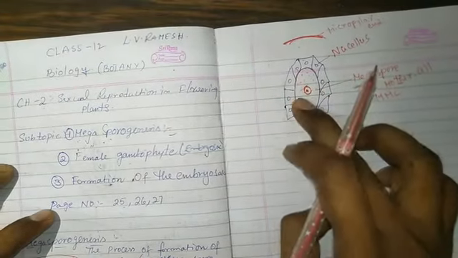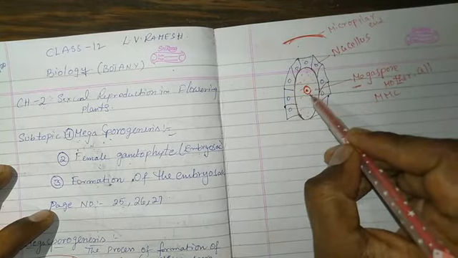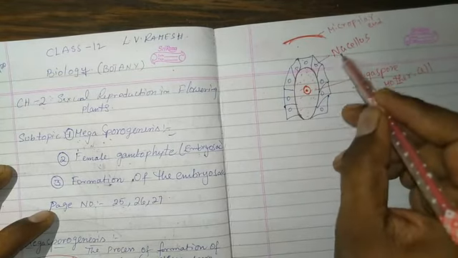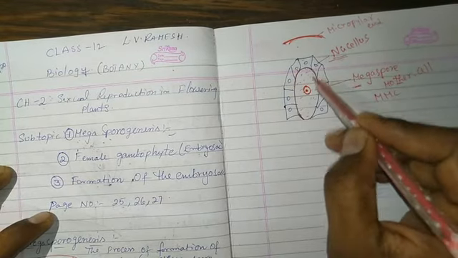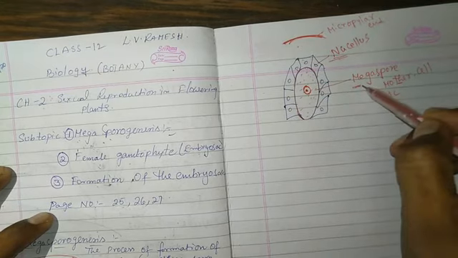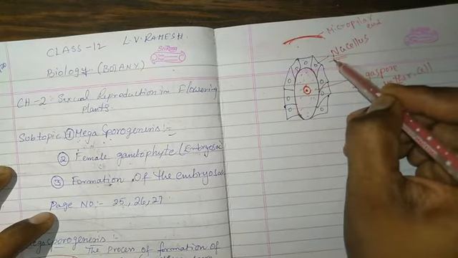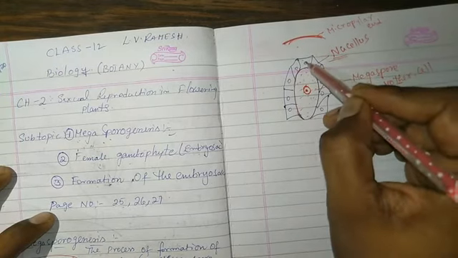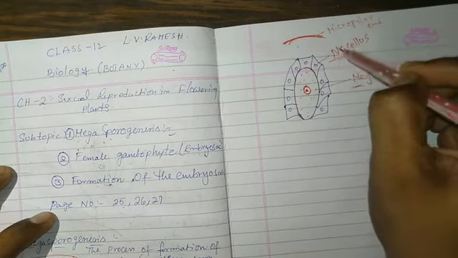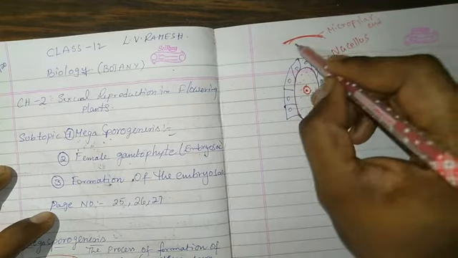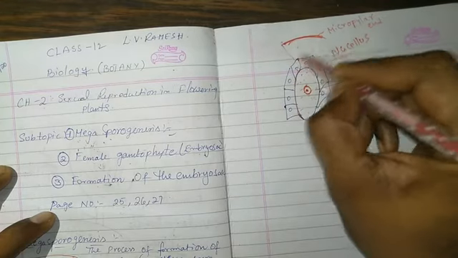So this is the largest cell located inside the nucellus, at its edges, which is the megaspore mother cell. Outside of the megaspore mother cell the nucellus is present, and outside of the nucellus the micropylar end is located.